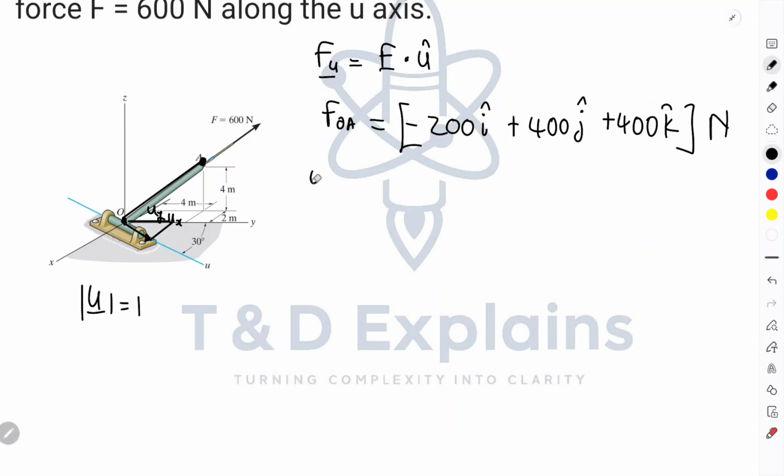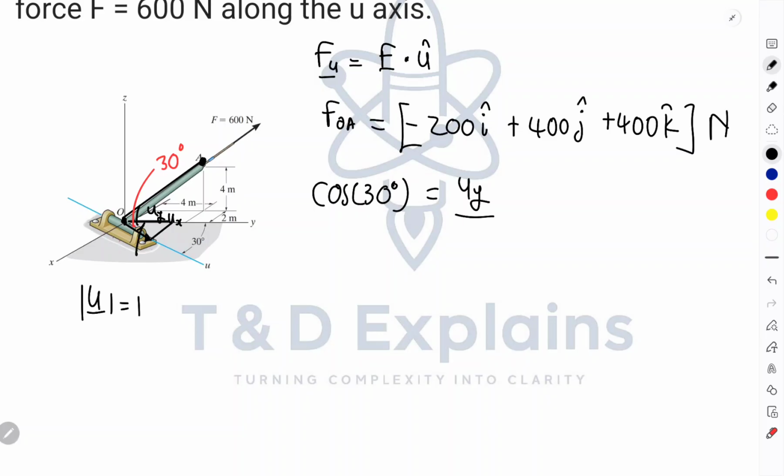We do know that this angle is 30 degrees, right? So what's going to happen is I'm going to say cos of 30 degrees is going to be my adjacent side. My adjacent side is going to be uy, right, over the hypotenuse.